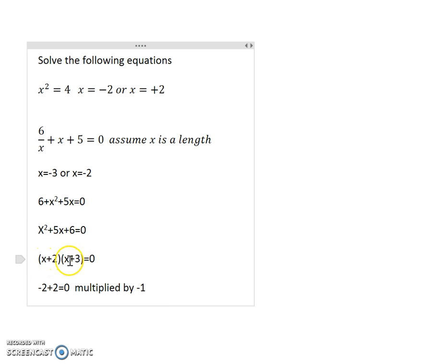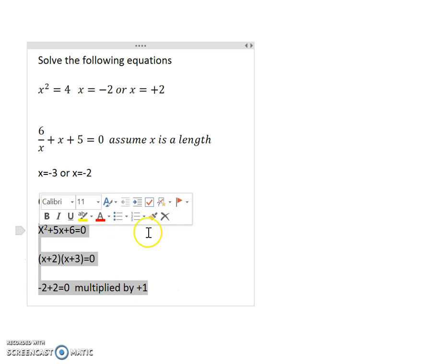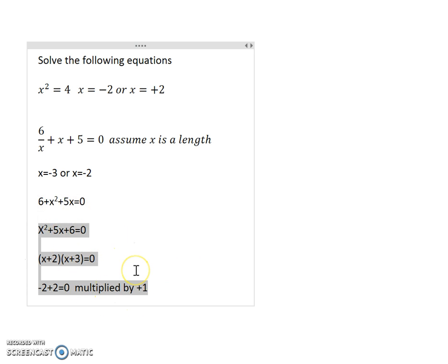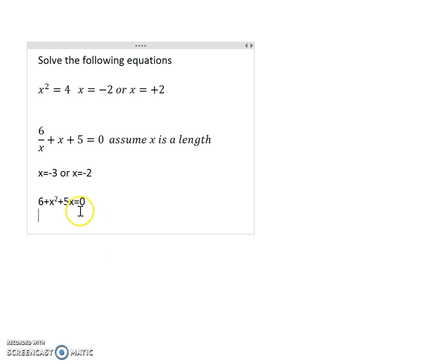So 0 times +1, and that's just 0. So that's if you're doing it by hand, but some of you guys maybe have not seen that before, and we'll be learning that later on in the year. Okay, so that's basically how you solve in the CAS.